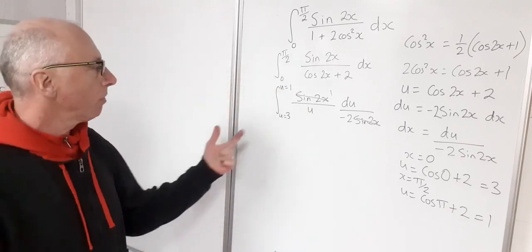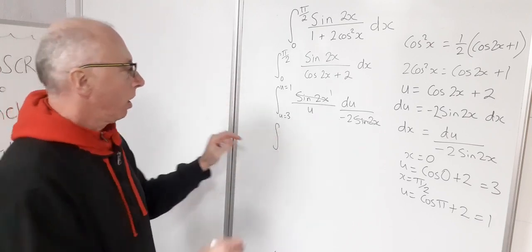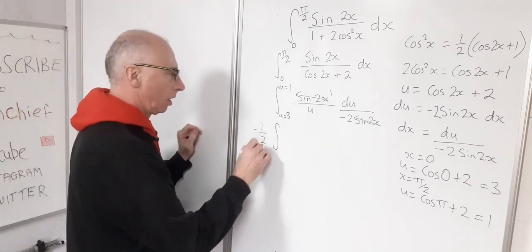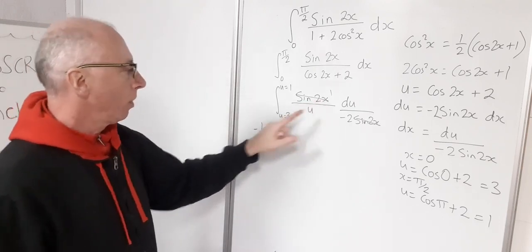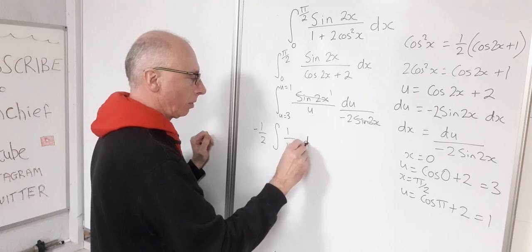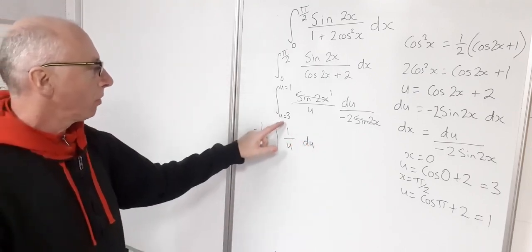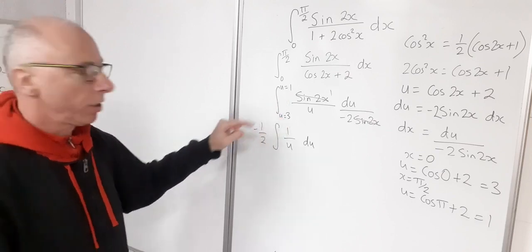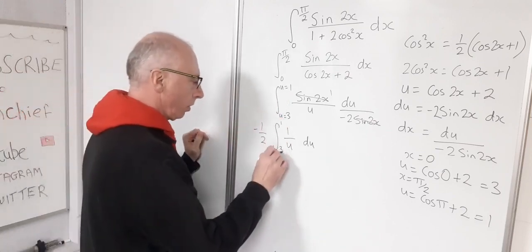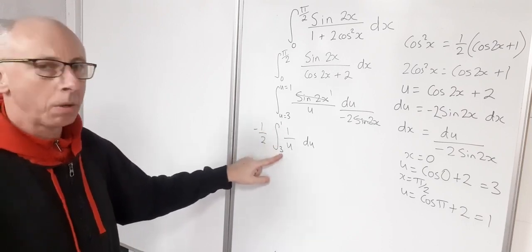Okay, let's rewrite our integral. So now we've got minus 1/2 and 1 over u. That's a nice integral to be doing. And then du. Okay, now our parameters of integration, now with the u, we've got 1 and 3. So interestingly, we've got our upper bound is lower than our lower bound.